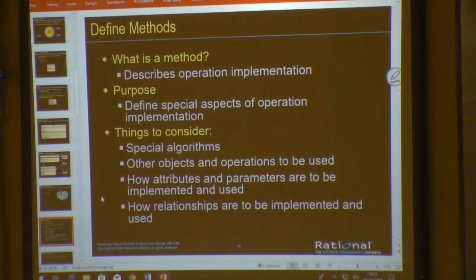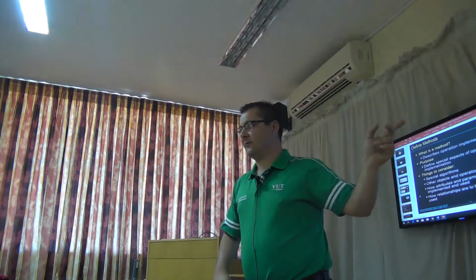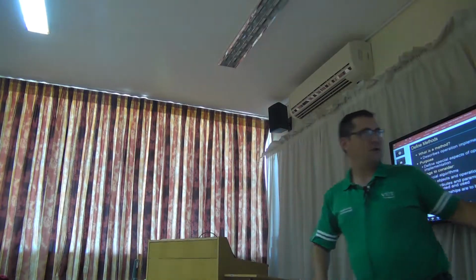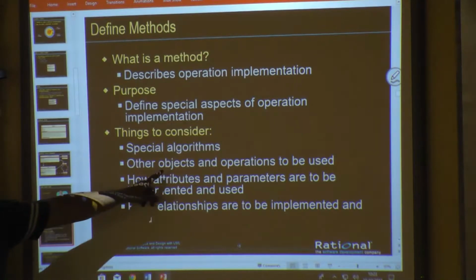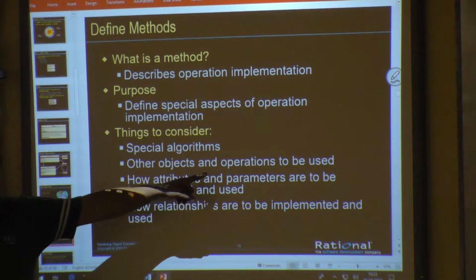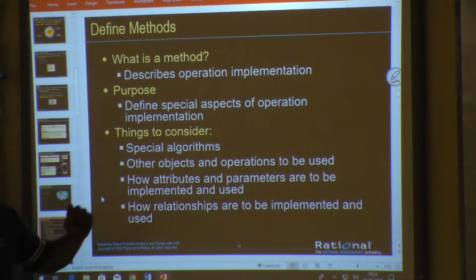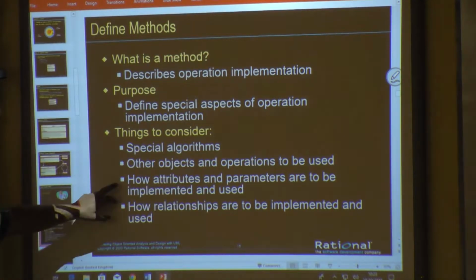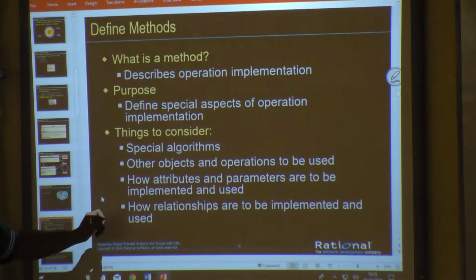If the initial operation was just get balance, that's nice. But is there a specific algorithm that they might have to use to get the balance? Yes. There are also other objects and operations to be used. So we need to look at this. There's also how attributes and parameters are to be implemented and used.